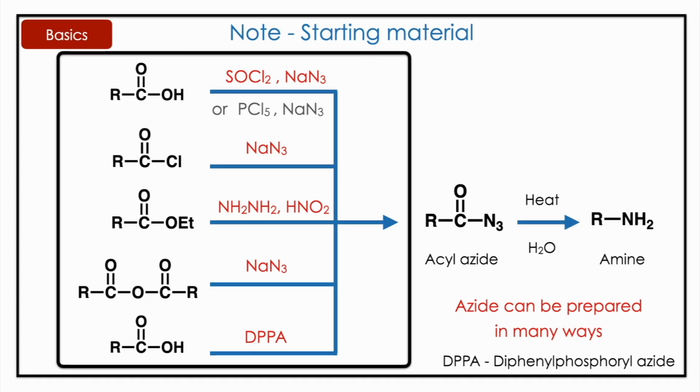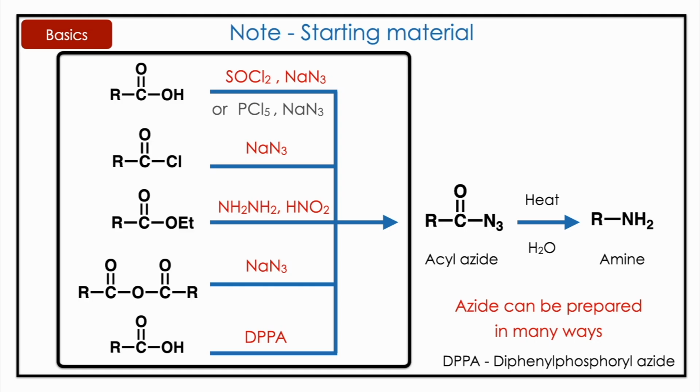The starting material azide can be prepared in many ways. With acid, if you use SOCl2 and NaN3, or PCl5 and NaN3, you end up with acyl azide. In the same way, if you use acid chloride with NaN3, you end up with acyl azide. Interestingly, if you start with an ester reacting with hydrazine and nitrous acid, you end up with azide.